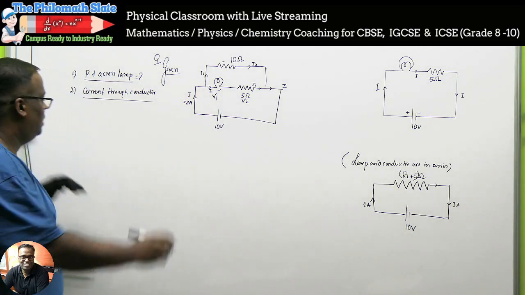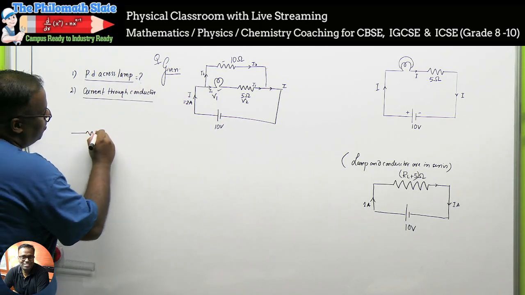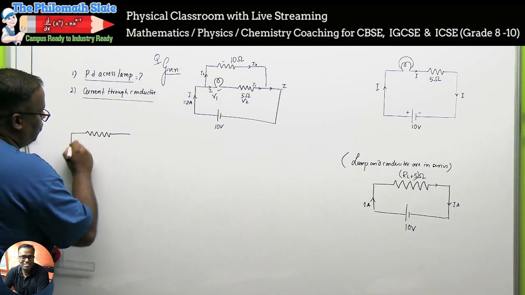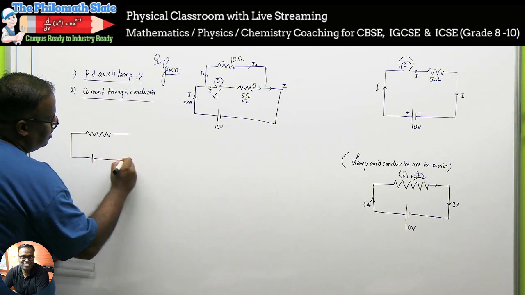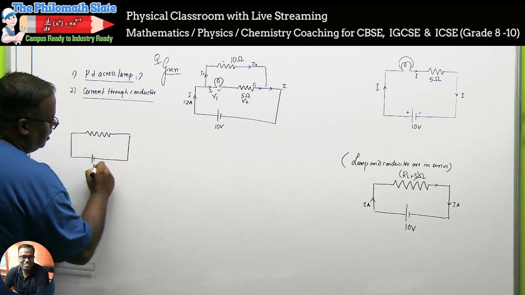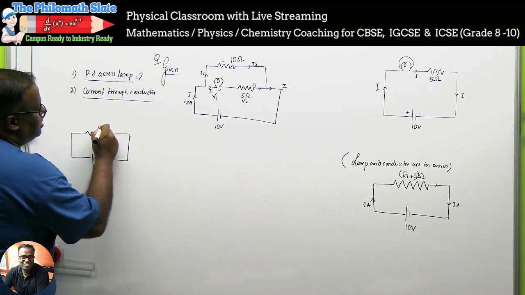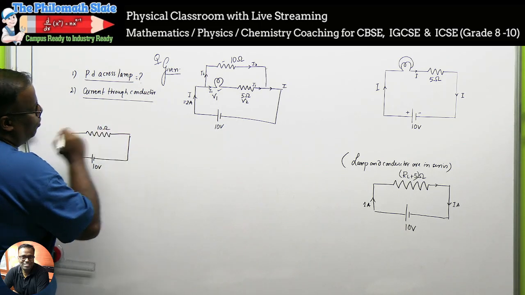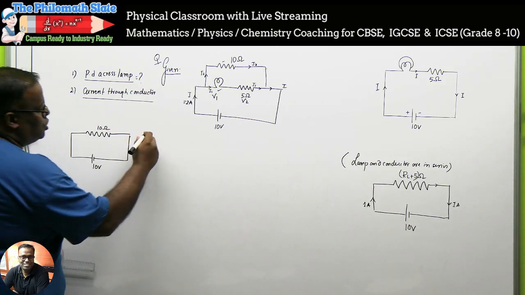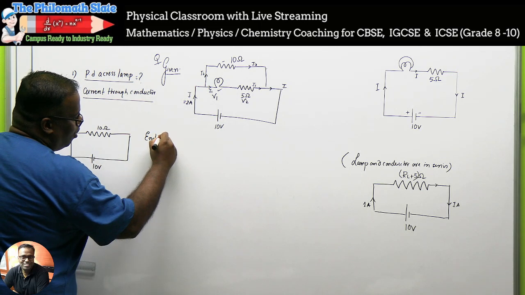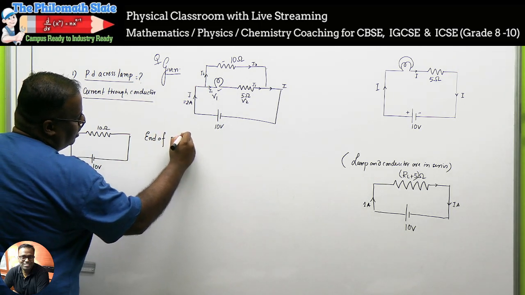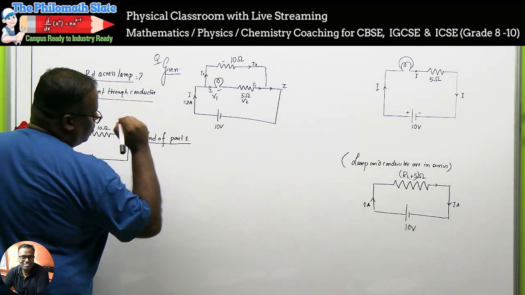Understood? Look once again. So far we have calculated this: 10 volt and this is 10 ohm, right? This was the end of part 1.